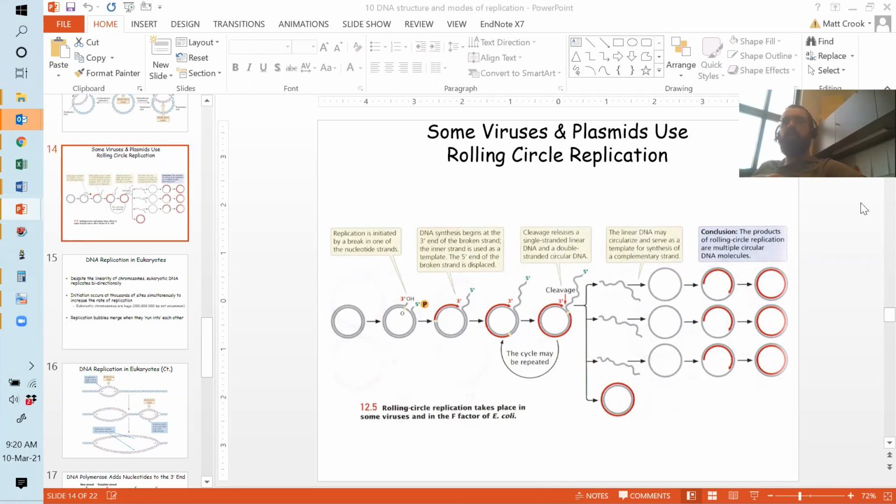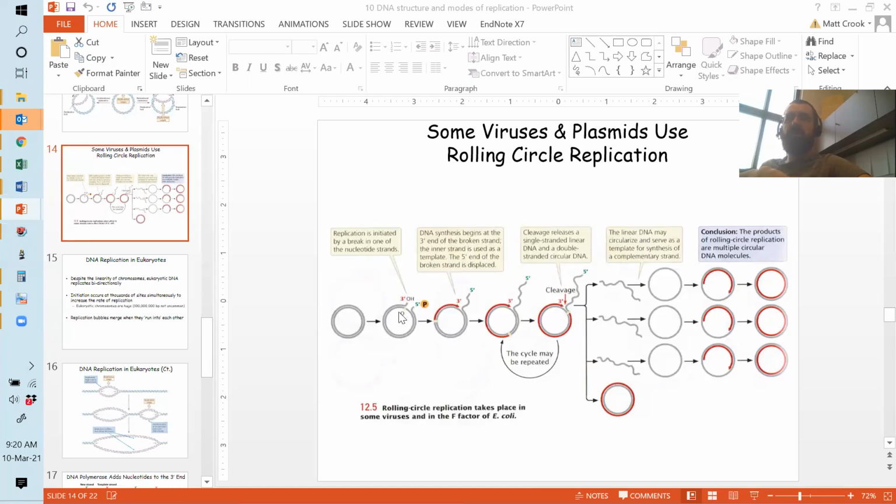And the way that that's done is that we actually just replicate one strand at a time. That's kind of the exception to that rule that both strands have to be synthesized at the same time, right? Rolling circle replication steps around that issue quite neatly.